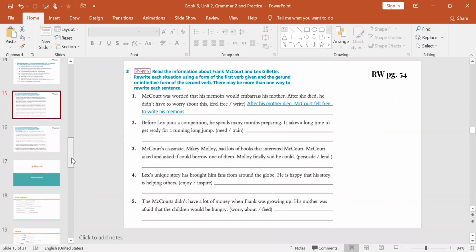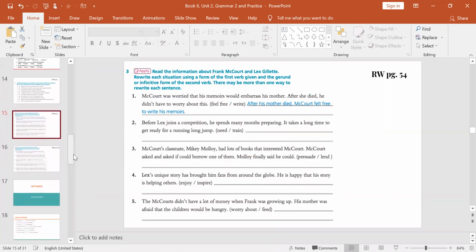Okay. So let's read the instructions and then we'll do this page.